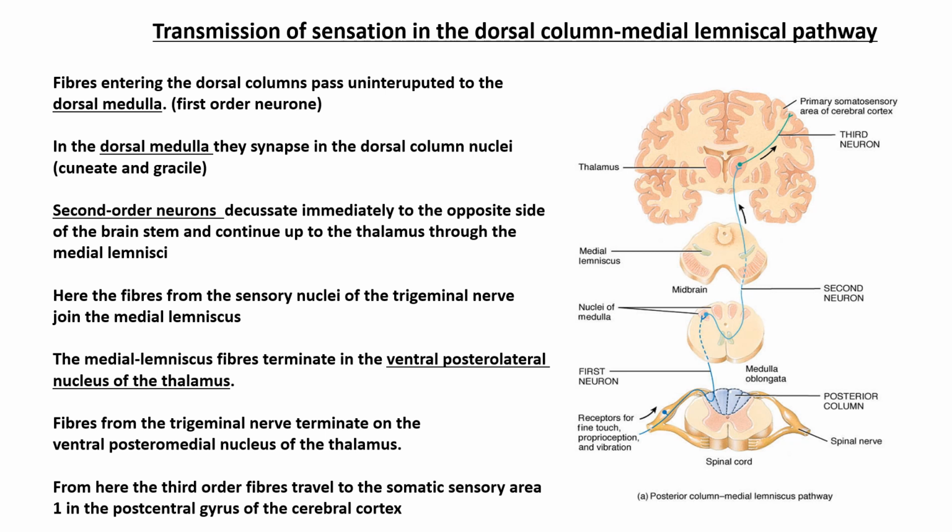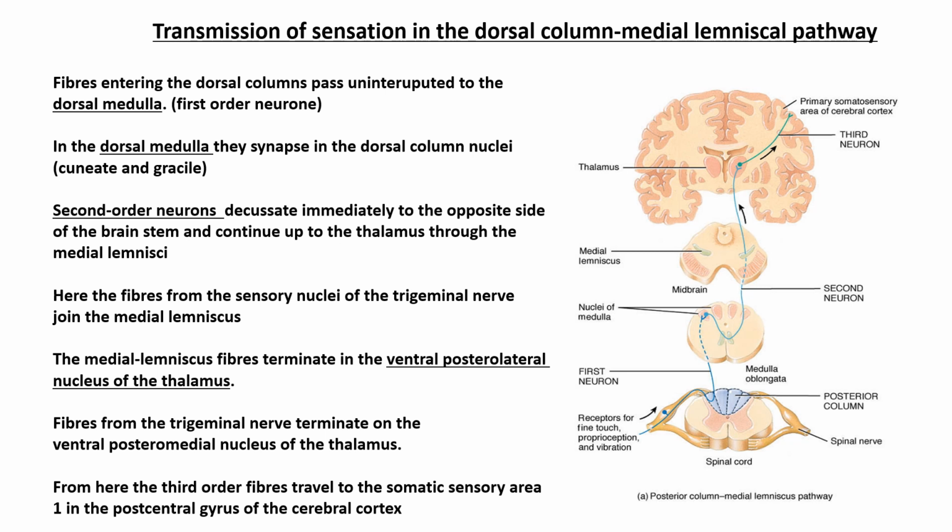In the nucleus of the medulla, they synapse with the second order neuron. The second order neuron then decussates and goes all the way up to the ventral posterolateral nucleus of the thalamus. From here it synapses with the third order neurons that terminate at the primary somatosensory area of the cortex, in the postcentral gyrus of the cerebral cortex.